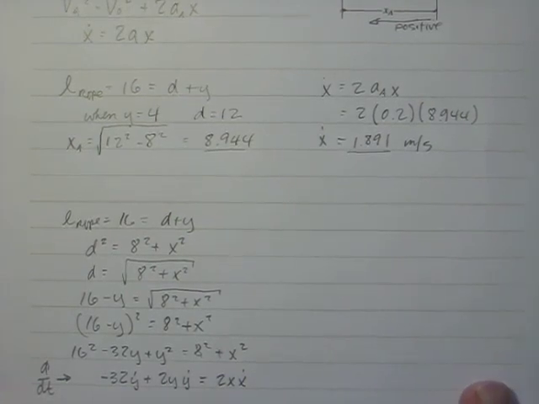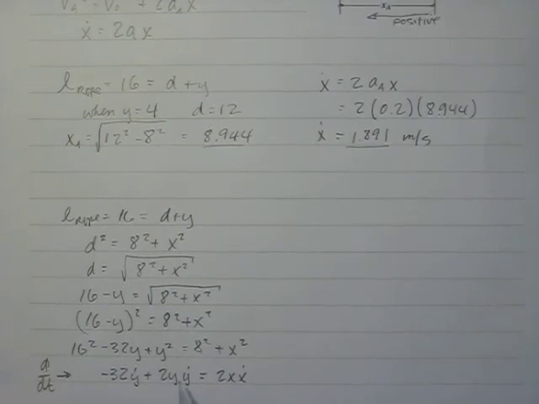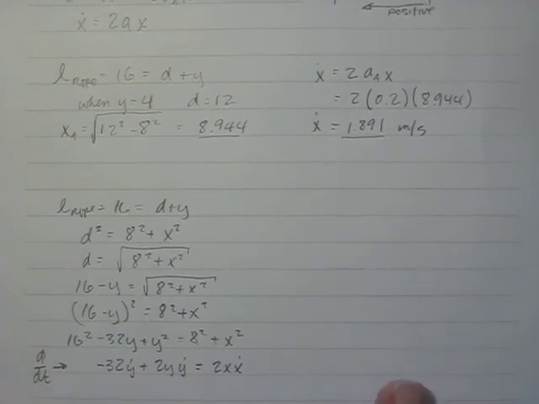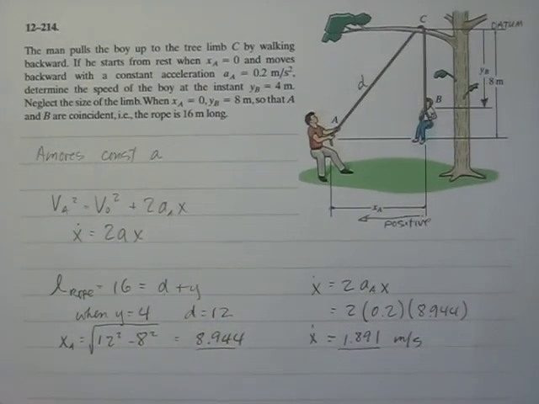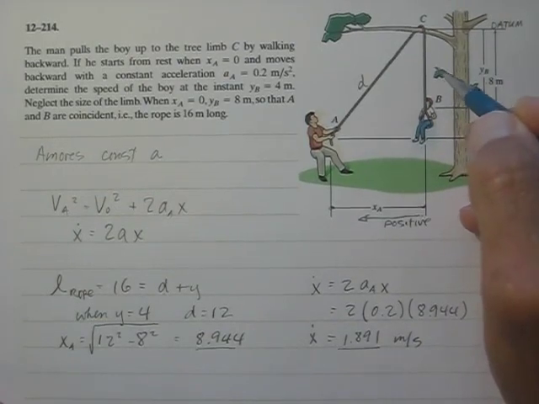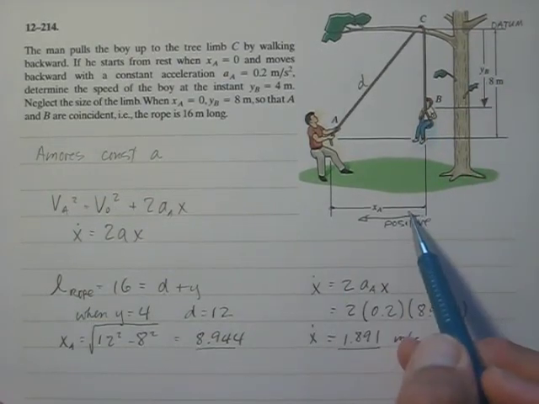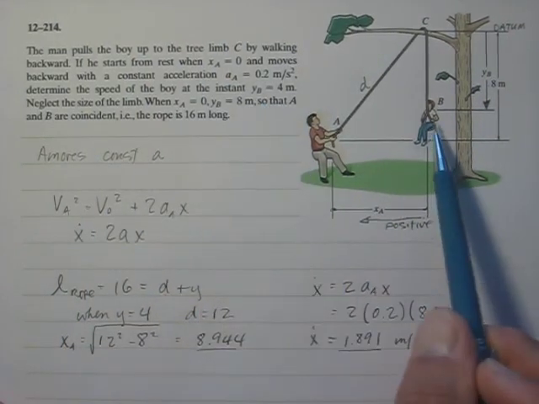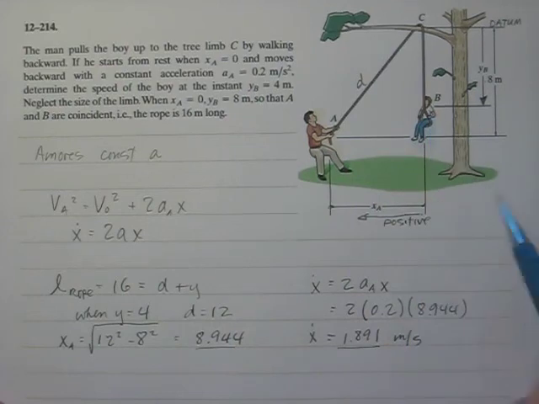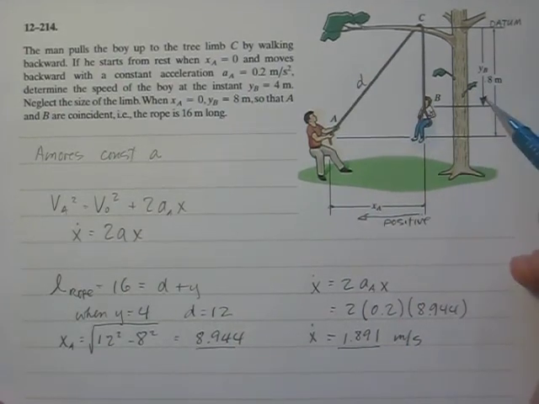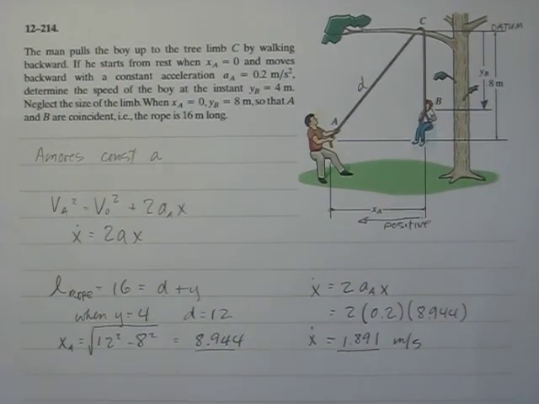All right, we're getting closer. I can now factor out the y dot, and what we're looking for, maybe I should have said this more clearly at the very beginning of the problem, is what's the speed of the boy going up when y is at that distance. When he's moved 4 meters, what is the speed?